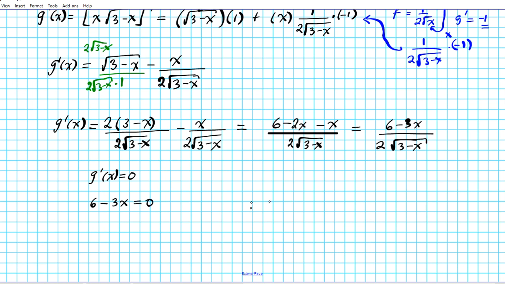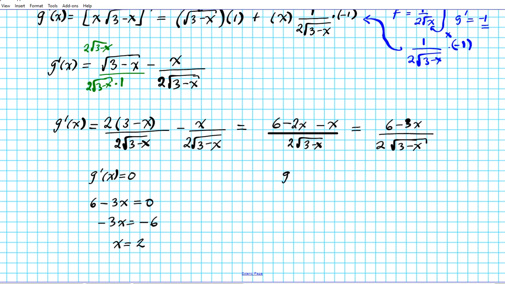So you can just take the numerator and set it equal to 0. Let's solve this for x. Subtract 6 from both sides, this becomes negative 6. And then you divide by negative 3 and you have x equals 2. So that's one of the critical numbers.